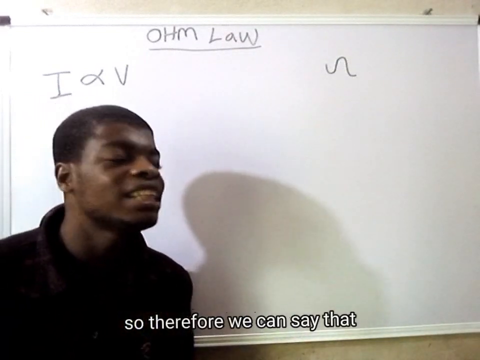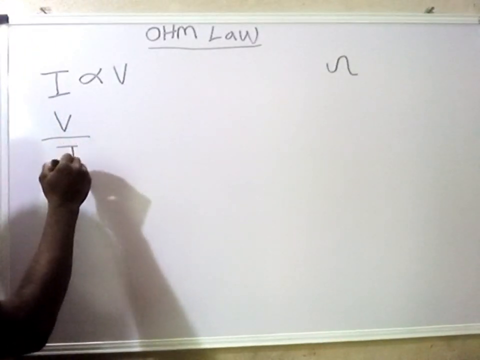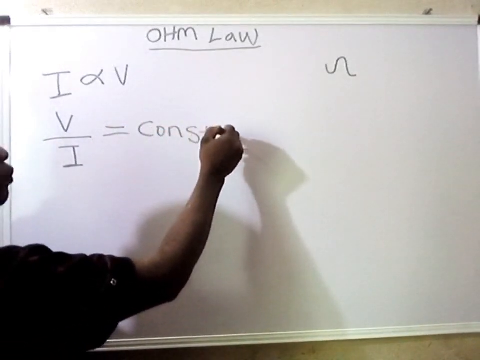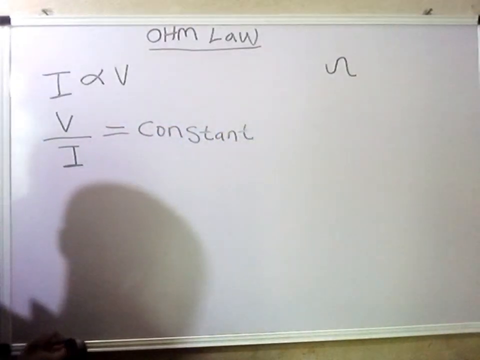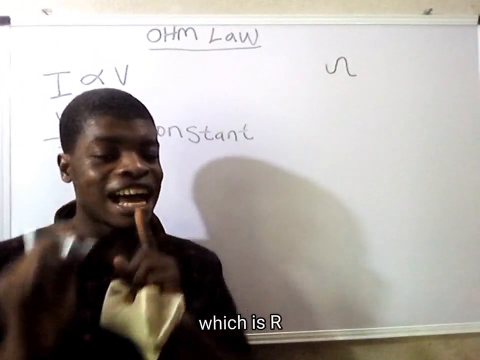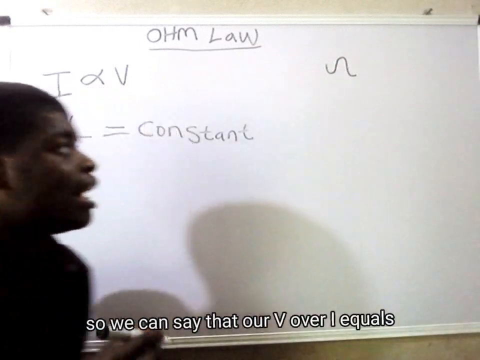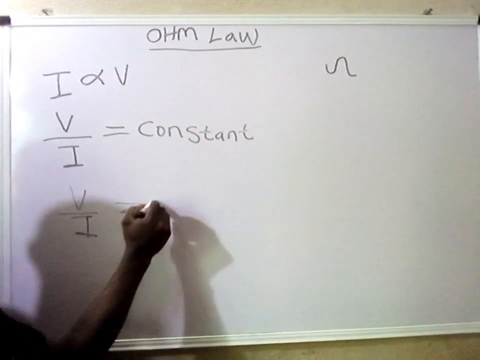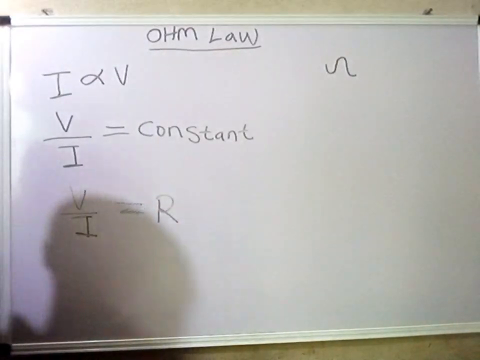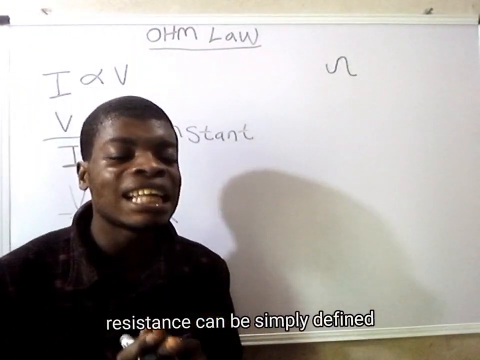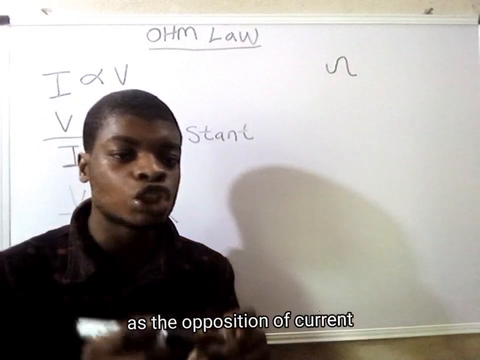So therefore we can say that V over I equals constant, and the constant to introduce is resistance, which is R. So we can say that V over I equals R, and R is resistance. Resistance can be simply defined as the opposition to current.